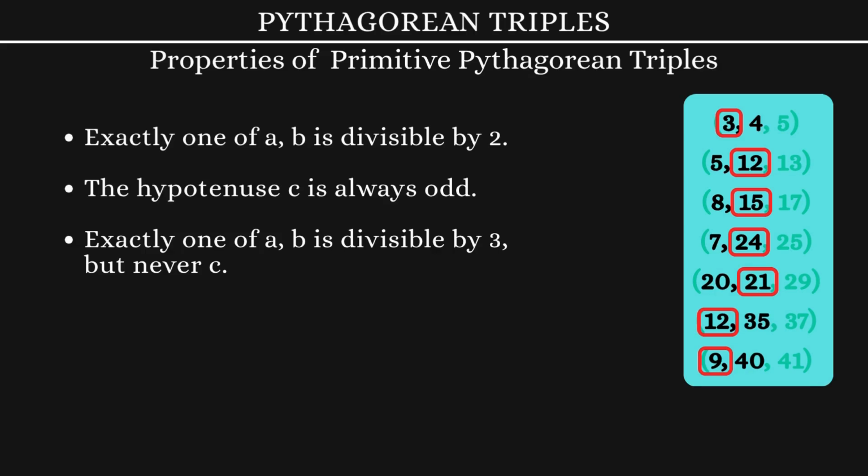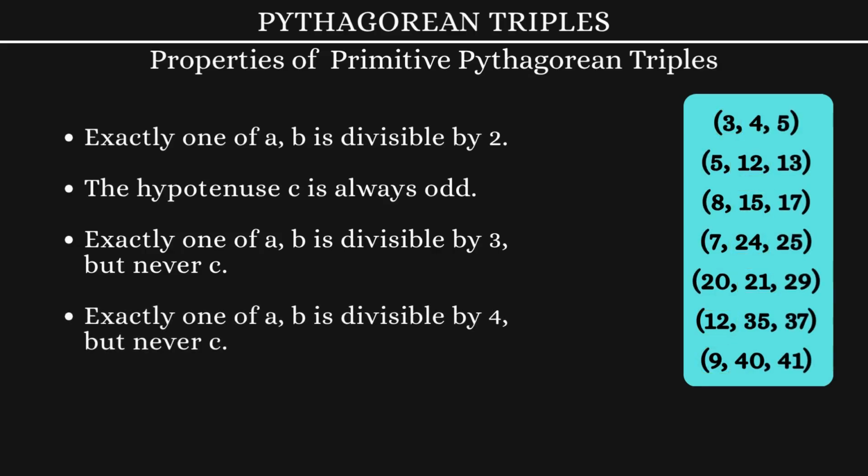The next property: exactly one of A and B is divisible by 4 but never C. Since we know that C is always odd, we can confirm that C can never be divisible by 4. But again, among A and B, only one of the numbers is divisible by 4.